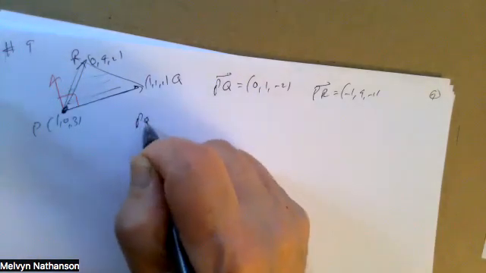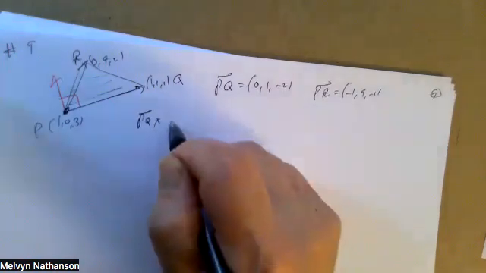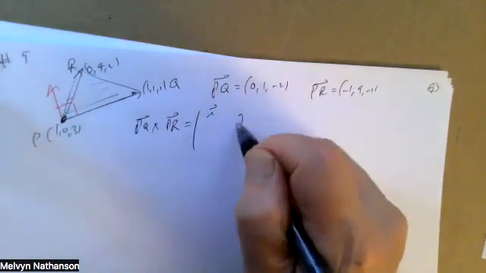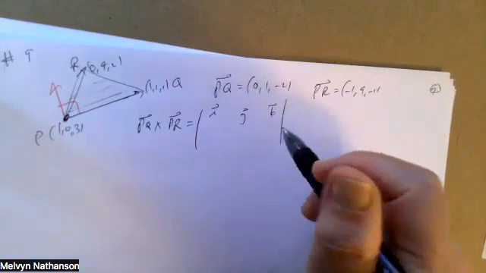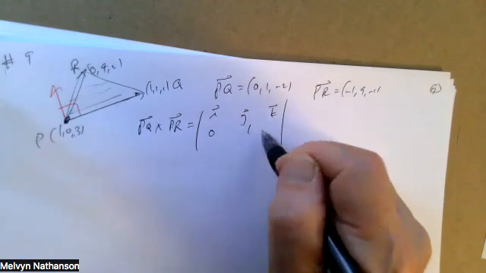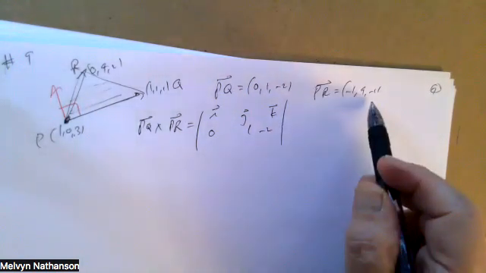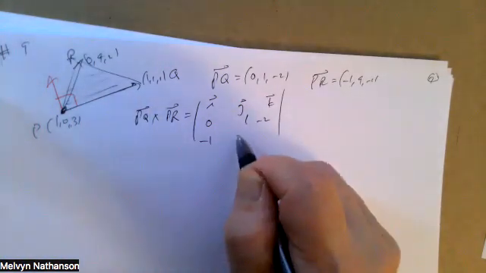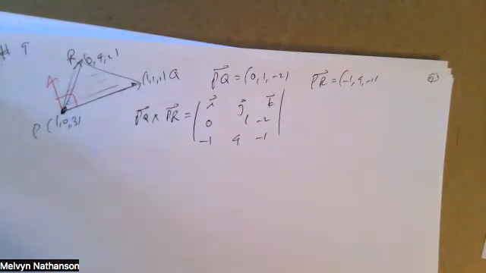So I need to compute the cross product of PQ and PR. I, J, K. PQ has coordinates 0, 1, minus 2. PR has coordinates minus 1, 4, minus 1.